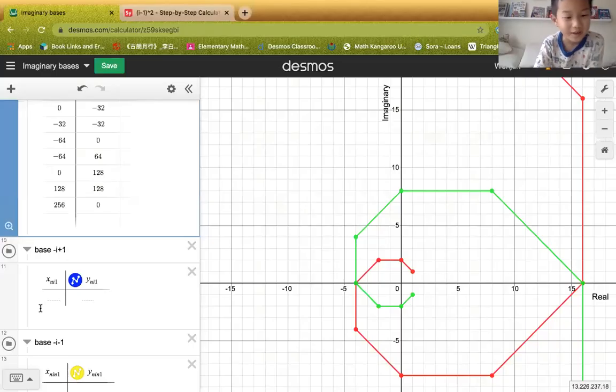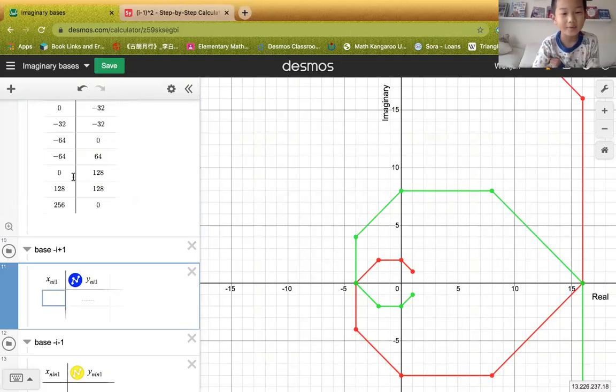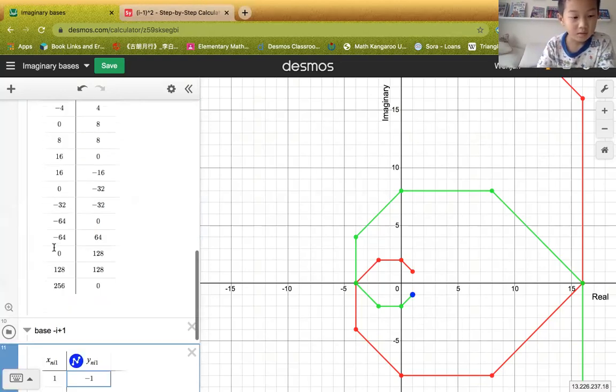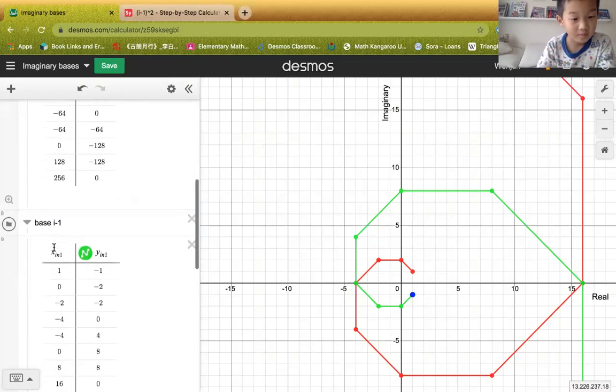Now let's play with minus i plus 1. 1 minus 1. Wait, that's the same starting point.